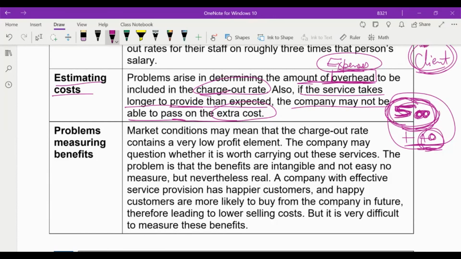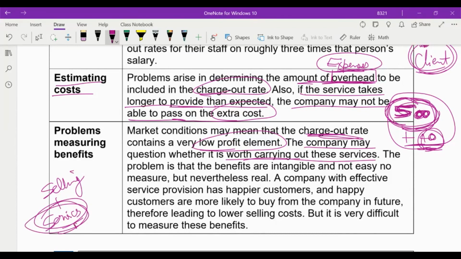Next is the problem of measuring benefits. You also need to understand whether it is beneficial for the company to provide services. Market conditions may mean that the charge out rate contains a very low profit element. The company may question whether it is worth carrying on these services or not. For example, you are selling cars, plus you are providing after sales services. Now the service charges for after sales services are very low, and this creates a loss for you if we talk about the service division only.